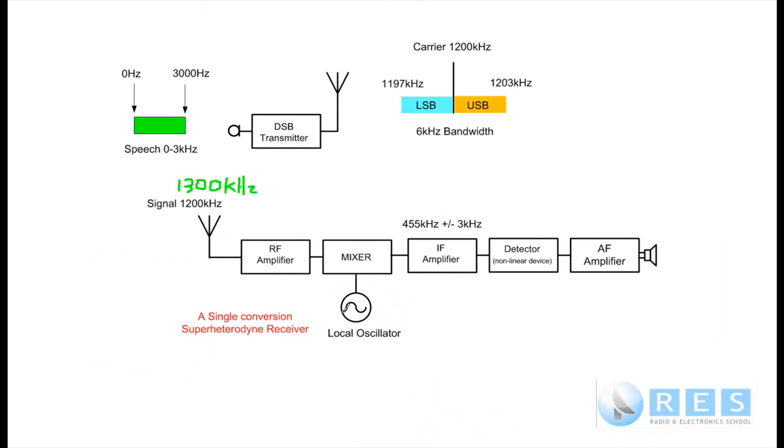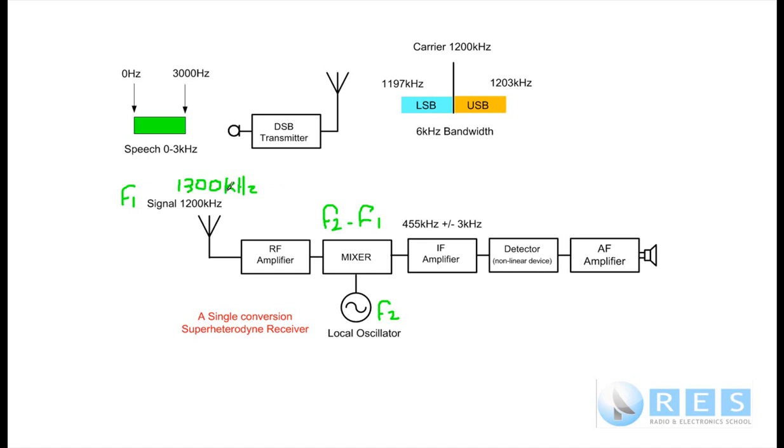If we had our local oscillator where it was before, on 1655 kilohertz, we wouldn't be able to receive 1300 kilohertz, because with the local oscillator as F2, frequency 2, and the incoming signal as F1, the conversion F2 minus F1 must equal 455 kilohertz, otherwise we don't hear it.